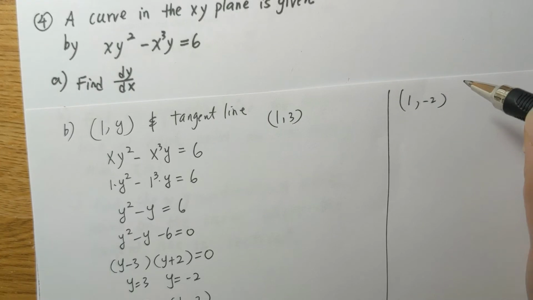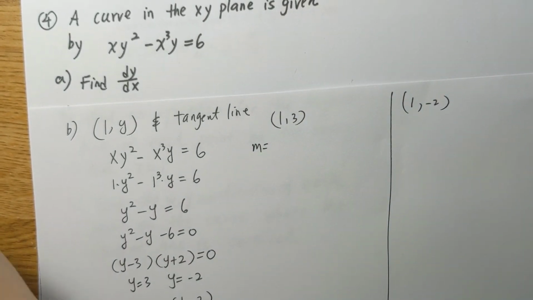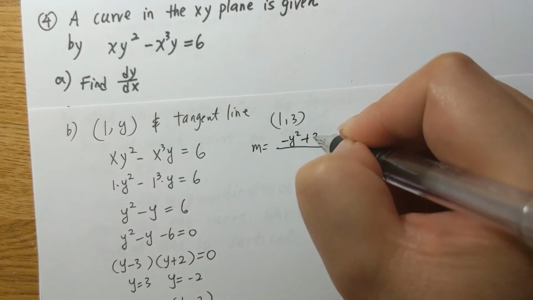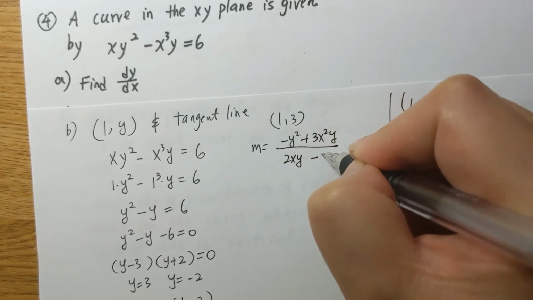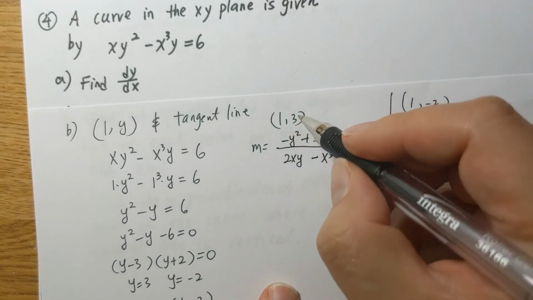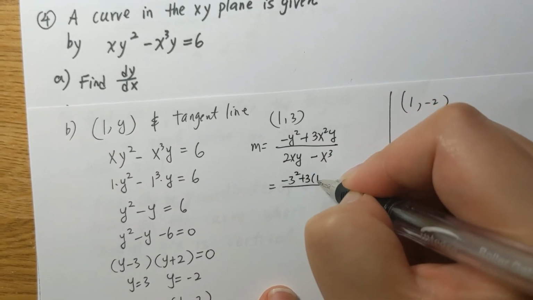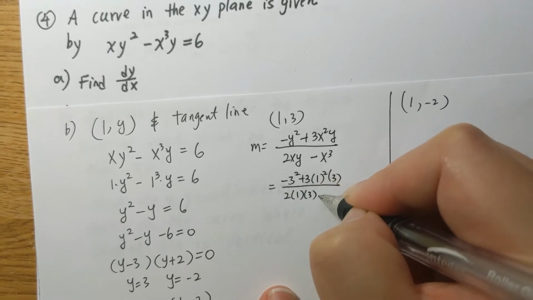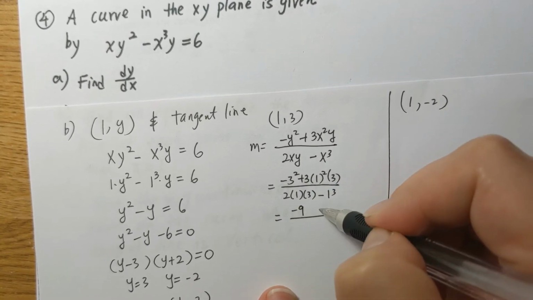So we have to find the m. So we go back to our first part. So we got negative y squared plus 3x squared y over 2xy minus x cubed. Let's find m. So we just do substitution. And then here we found out just negative 9 plus 9.